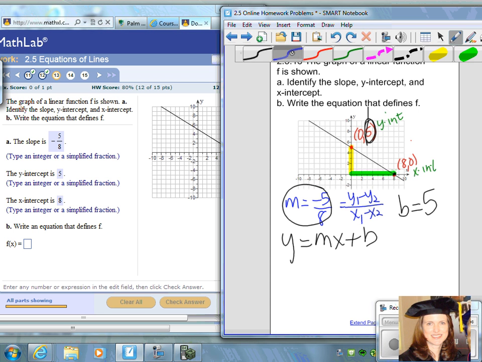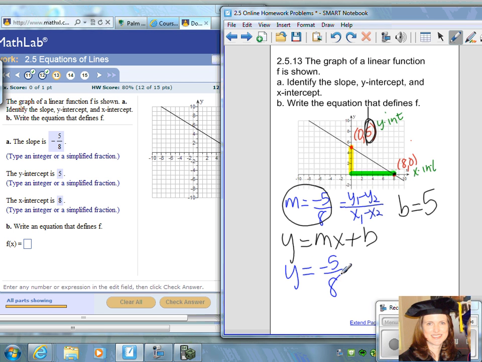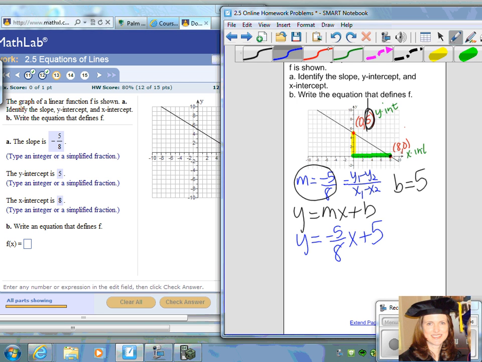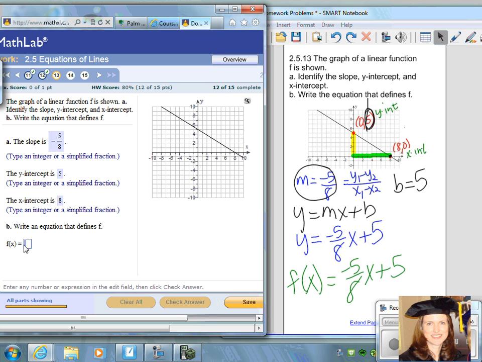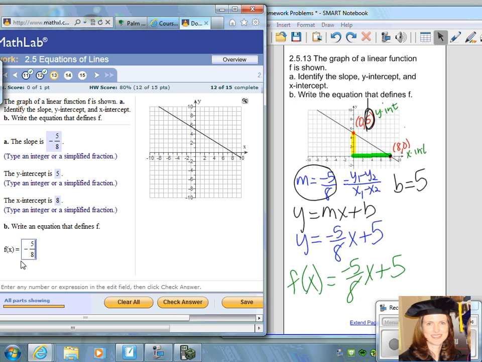By plugging those into y equals mx plus b, we get y equals negative 5 over 8 x plus 5. And when we write it in function notation, what we're doing is simply changing the y to f of x, and everything else stays the same. Let's check our answer. Excellent.